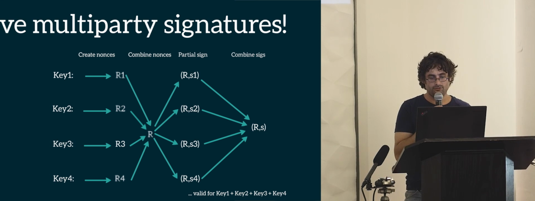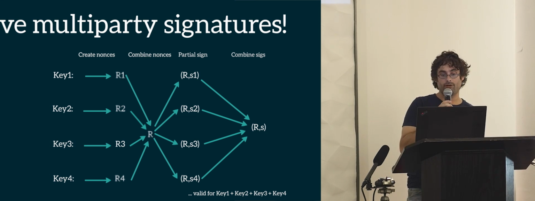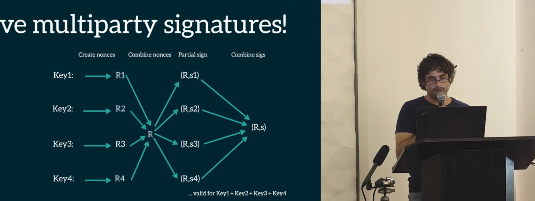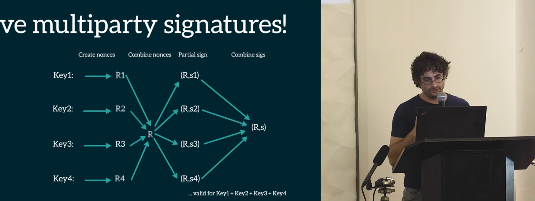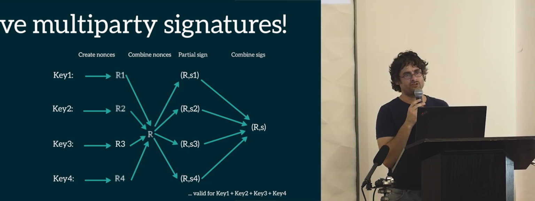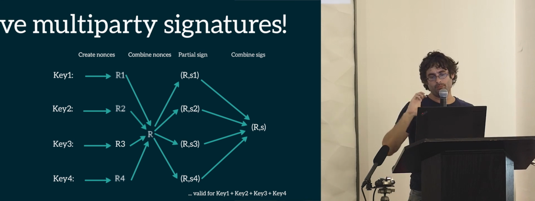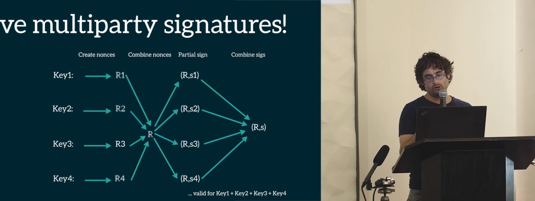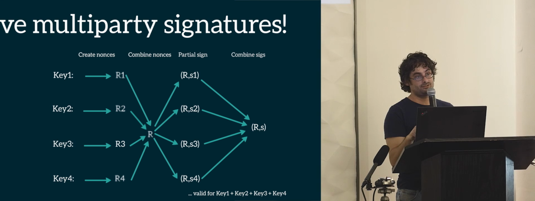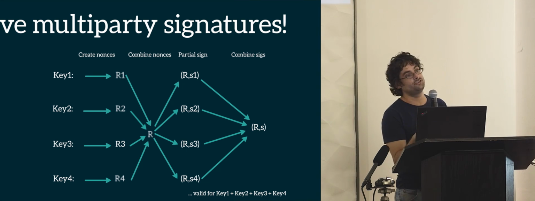How it works is, so here's an example with 4 keys. They would all produce a nonce, which is actually similar to a public key. They would publish their nonces. They'd all combine everybody's nonces into a combined nonce. Then everyone takes this nonce and uses it to produce a partial signature.